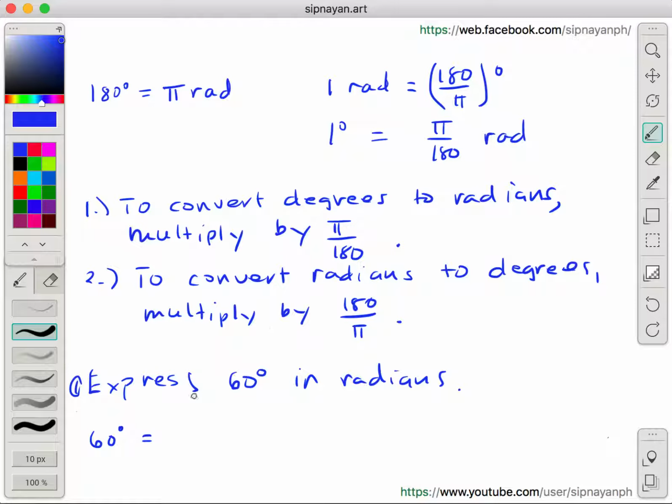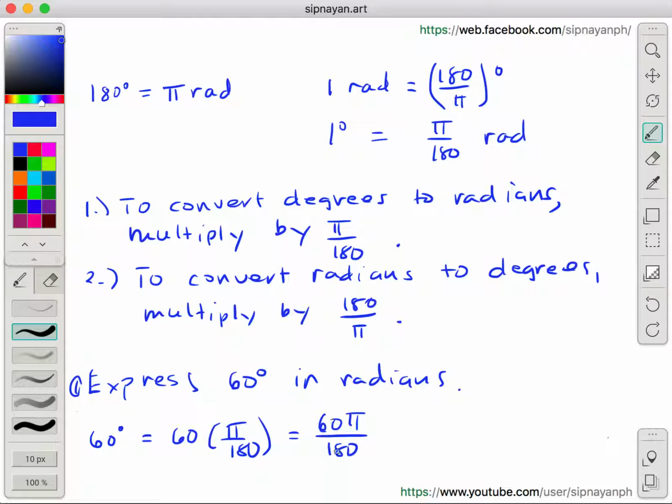Pi over 180, di ba? So, 60 times pi over 180, which is equal to 60 pi. Diba 60 over 1 yan. And then 60 times pi is 60 pi over 180.